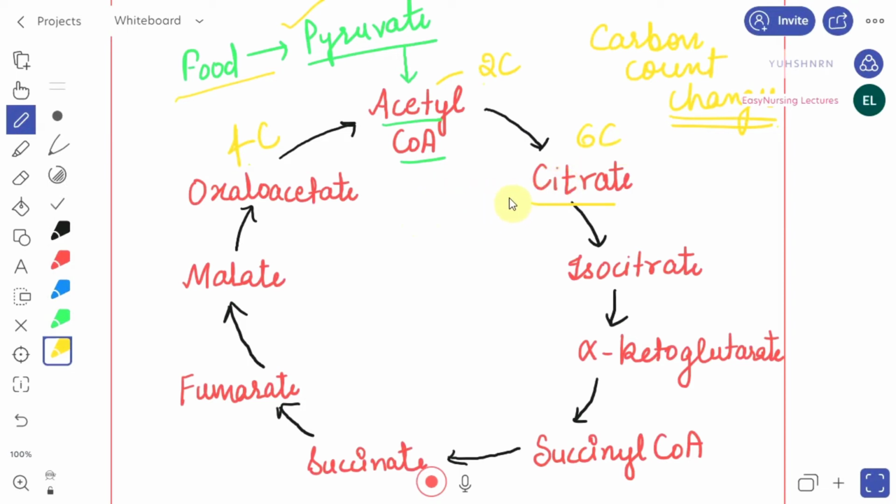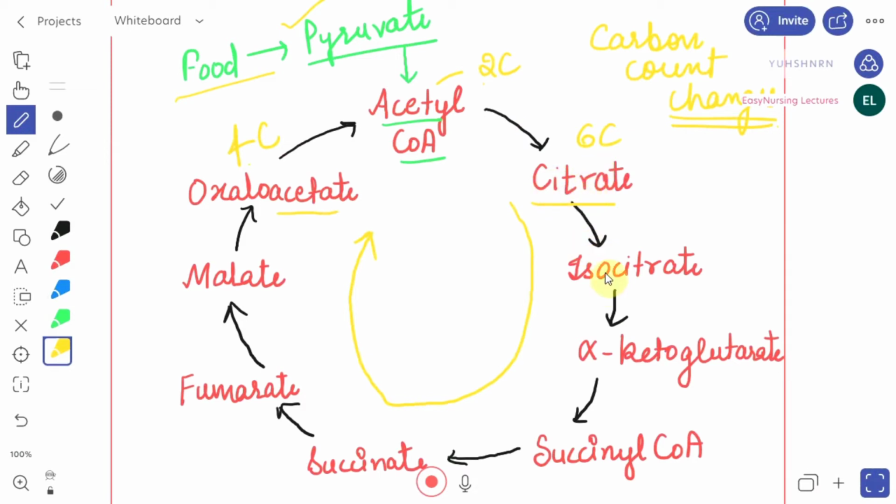Now you have to make that 6 carbon into 4 carbon in order to complete the carbon count changes. Always remember, acetyl CoA is a 2 carbon product and oxaloacetate is a 4 carbon product. When 4 and 2 combine, it forms a 6 carbon product, which is citrate.